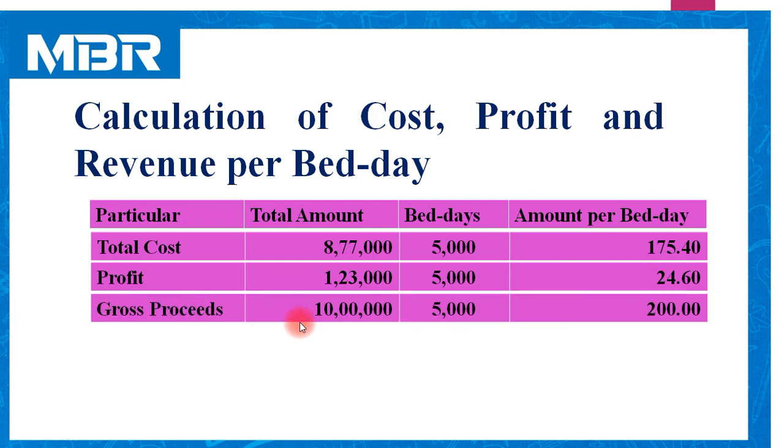And revenue, gross proceeds, total income, whatever you want to say, it is rupees 10 lakhs, that we have computed in the earlier statement using bed days and amount charged by the hospital per bed day. So 10 lakhs, number of bed days 5,000, 10 lakhs divided by 5,000 equals 200.